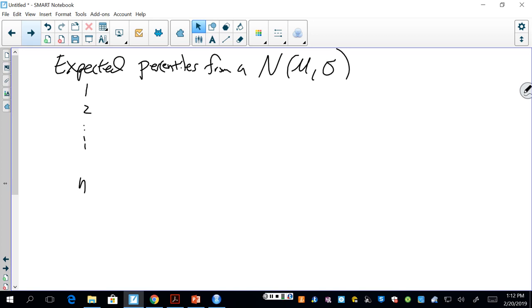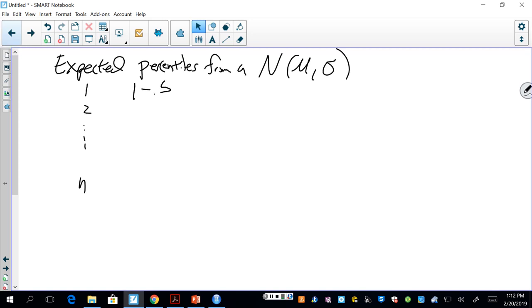You don't want to take 0 over n because that'd be 0. So what they suggest doing is taking, how does the book do it exactly? There's a couple ways this is done, but let me match what's in the book. Oh, minus 0.5. That's what it is.